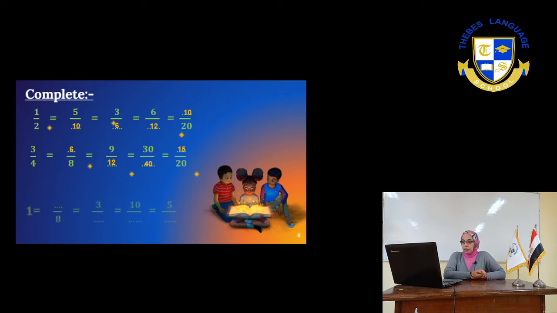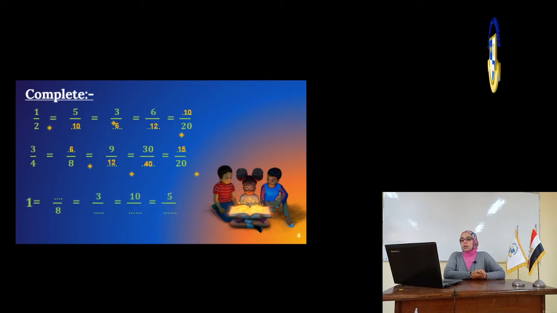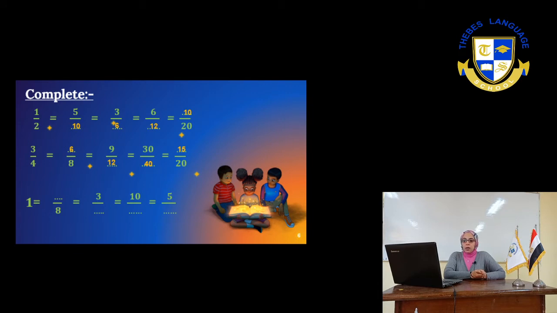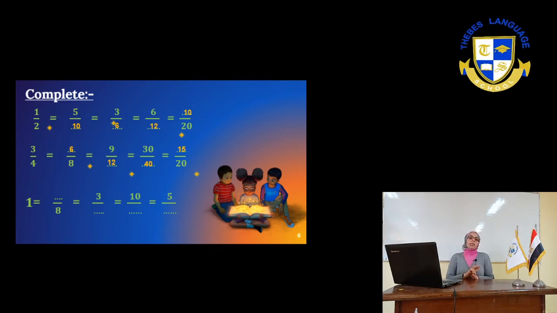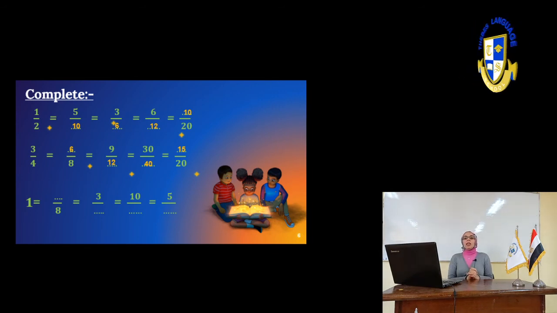Last example in this slide. 1 equals what? Don't forget that 1 equals a fraction whose numerator equals its denominator. Okay? So 1 equals what over 8? 8 in the denominator, so we must write 8 also in the numerator to equal 1.